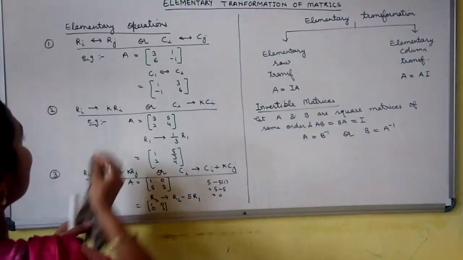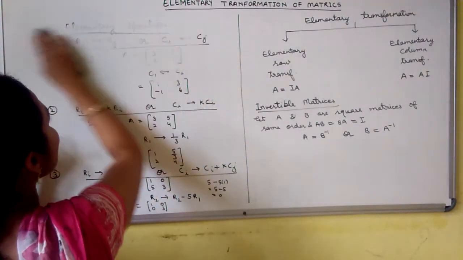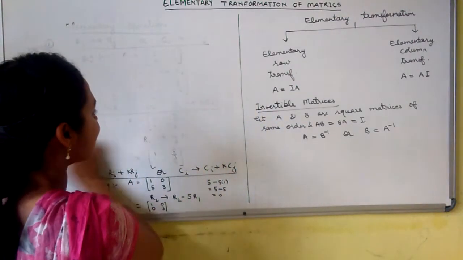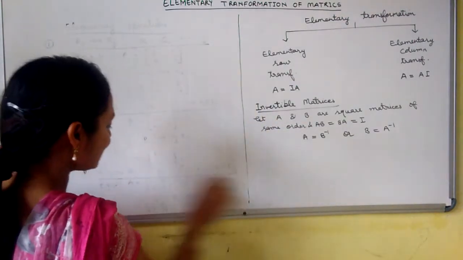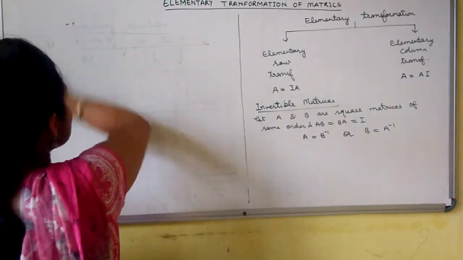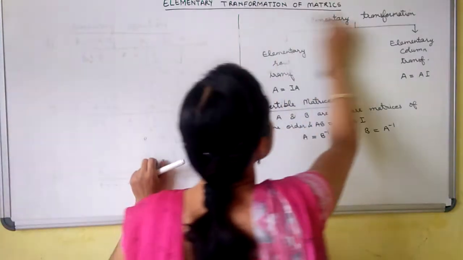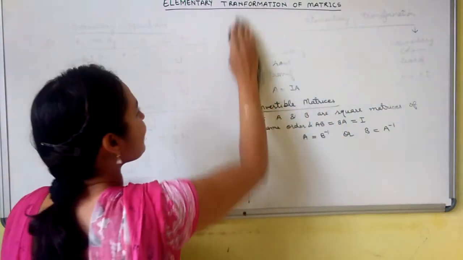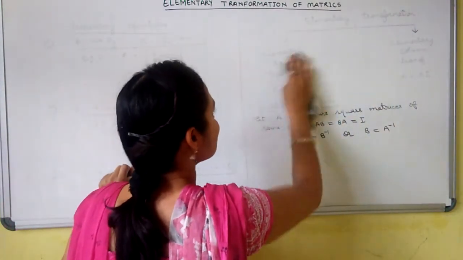Come to the example. I have example 1 from your NCERT book, question number 7, exercise 3.4. This is the last exercise of your NCERT, and it is totally based on elementary transformation. Come to the question.